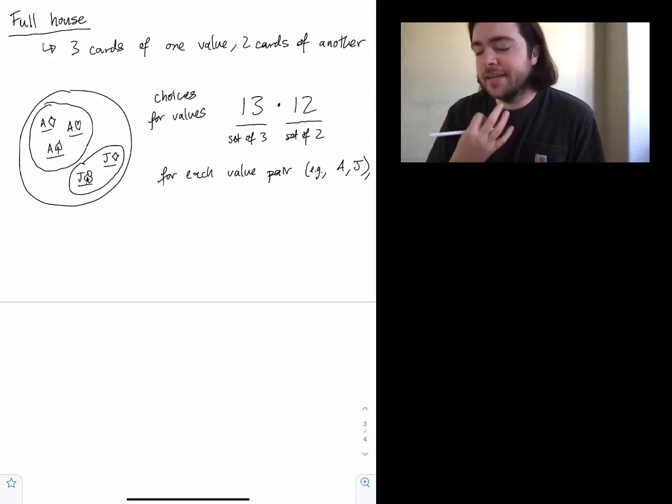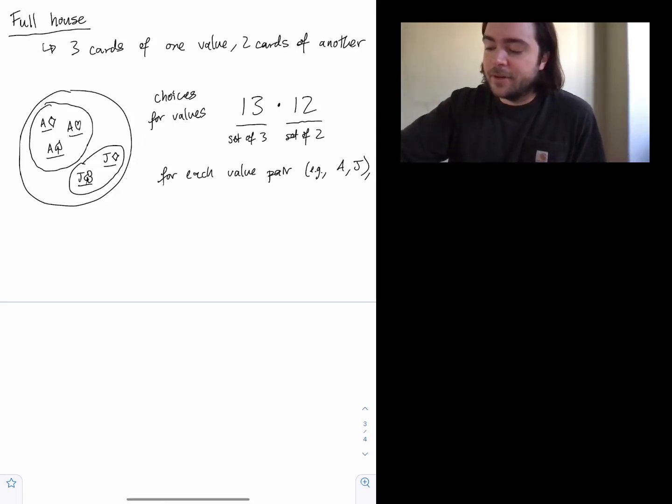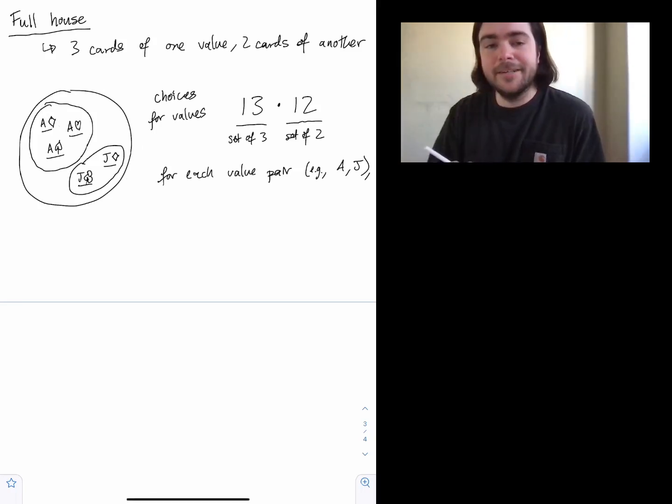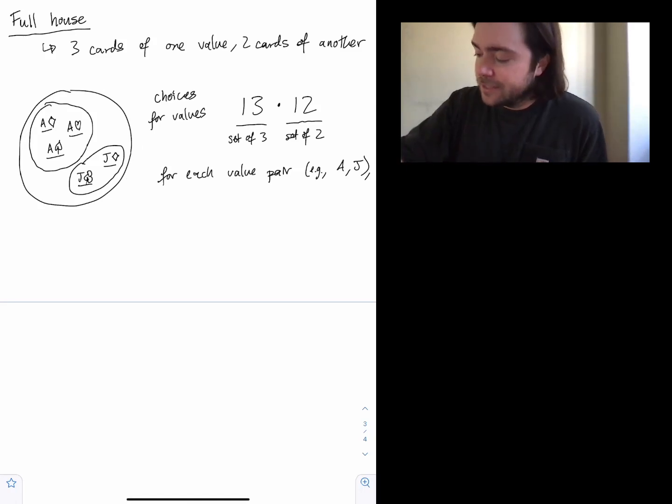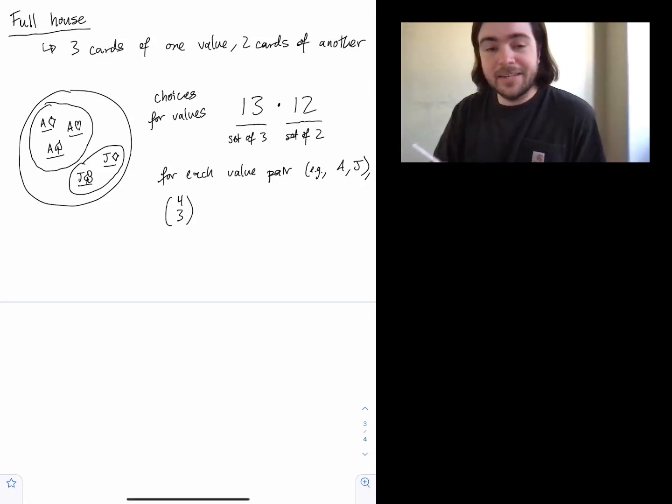Here, it's diamonds, hearts, and spades, but you can imagine the same hand where instead we have hearts, clubs, and spades, right? So I get to choose 3 out of the 4 suits, and that's just a subset of 3 out of a set of size 4.